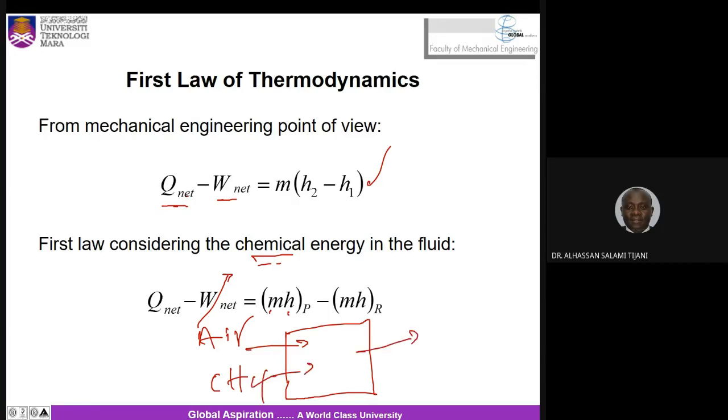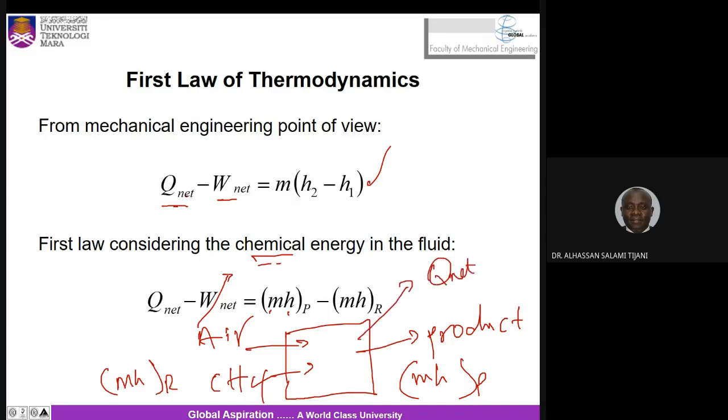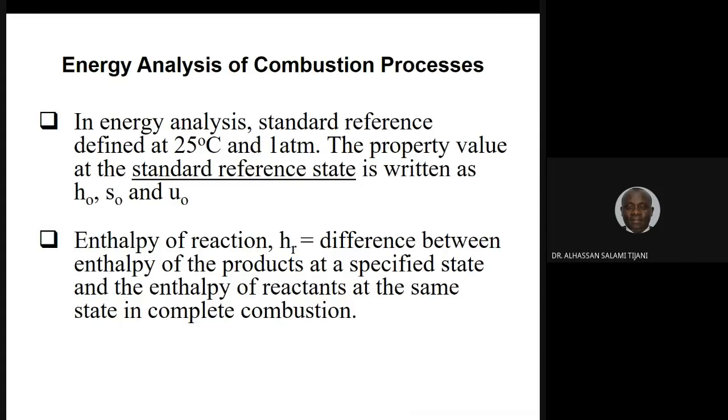So definitely there will be the product of the combustion. For the product side, it is going to be mass times H for the product, and for the reactant side, it is going to be mass times H for the reactant. All right? As far as work is concerned, there is no work. Instead, there will be some Q net output. There will be heat output. You understand? Okay? So now we'll look at all these equations in detail later on.